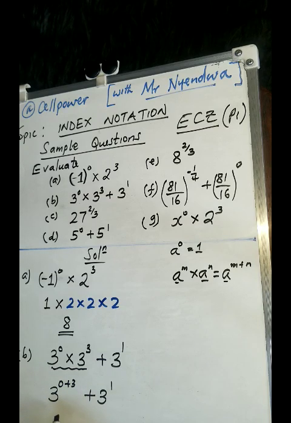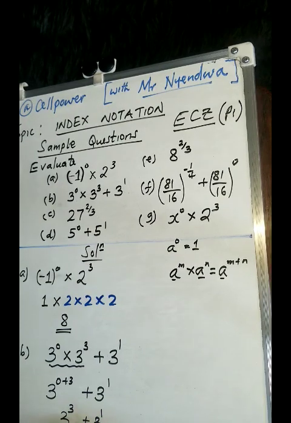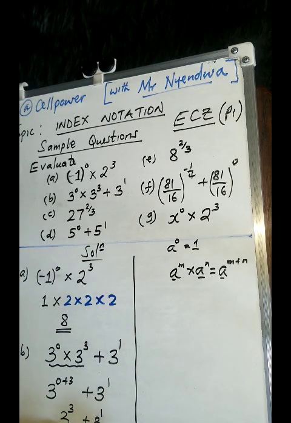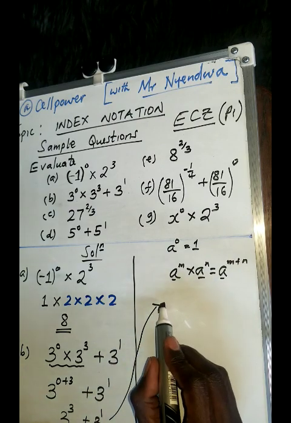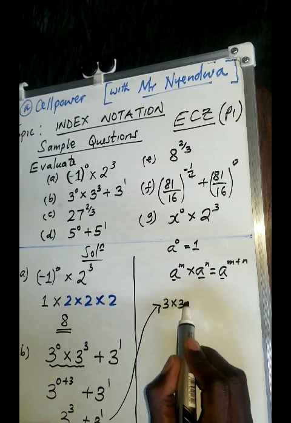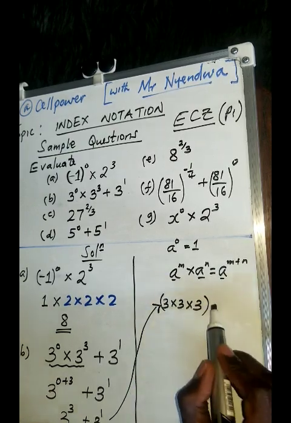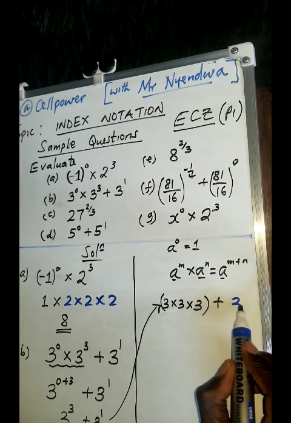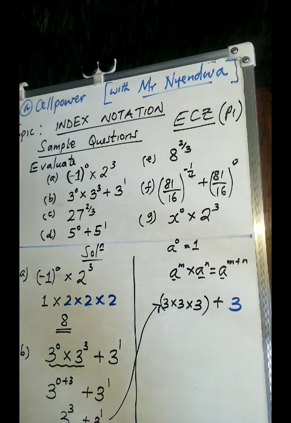3 raised to the 0 plus 3 will give us still 3 raised to the power 3 plus 3 raised to the power 1. Is there any rule that talks about addition? The answer is no. So what you need to do is work these individually so that you can get the solution. 3 raised to the power 3 means 3 multiplied by 3 times 3, whatever I get, plus 3 raised to the power 1 simply means you're just multiplying 3 by 1.